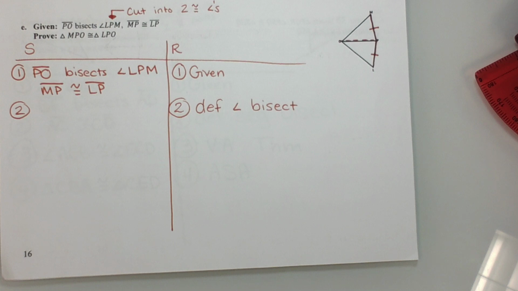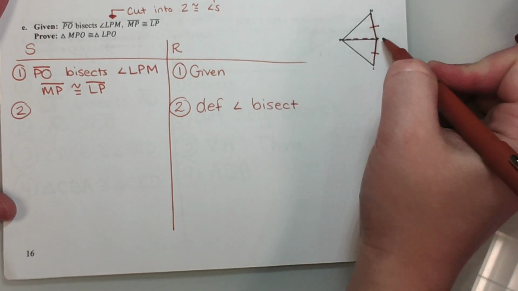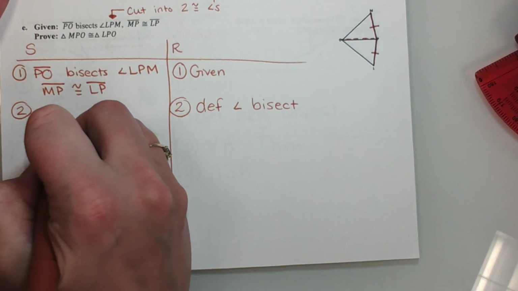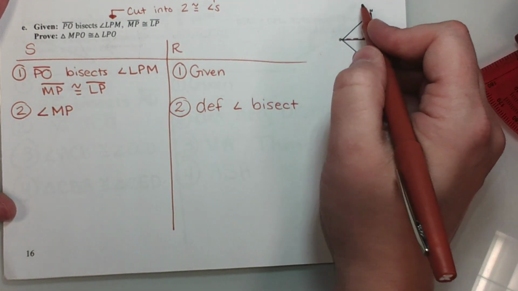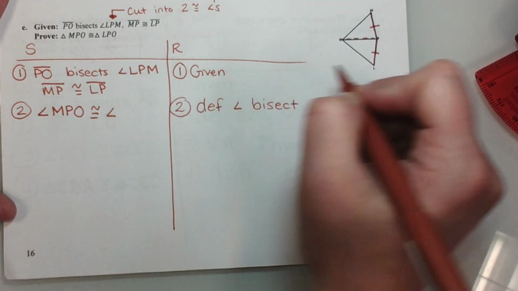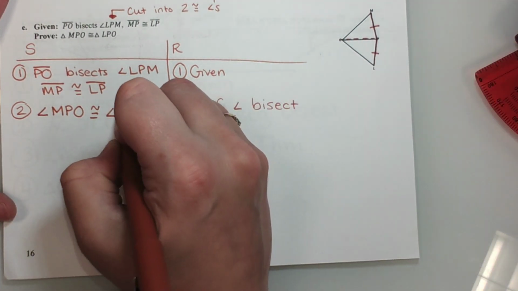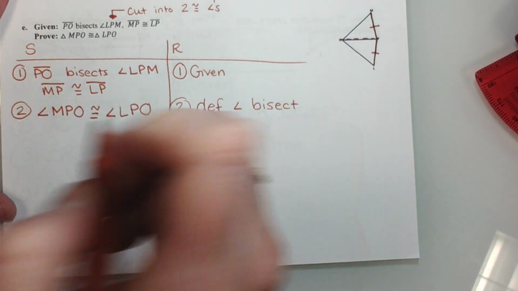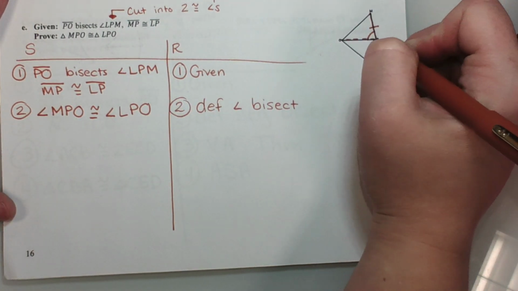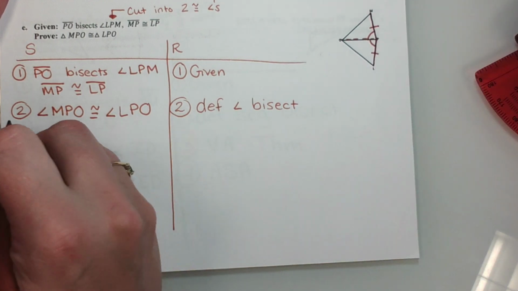This angle and this angle. That is one of the most common things I'm still seeing people have issues with. Angle MPO and angle LPO here. This angle and this angle.